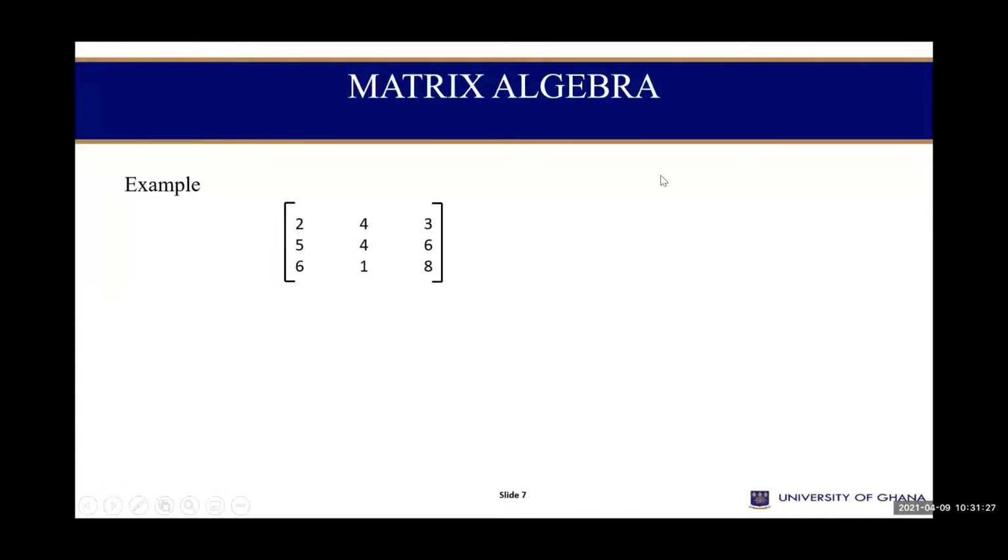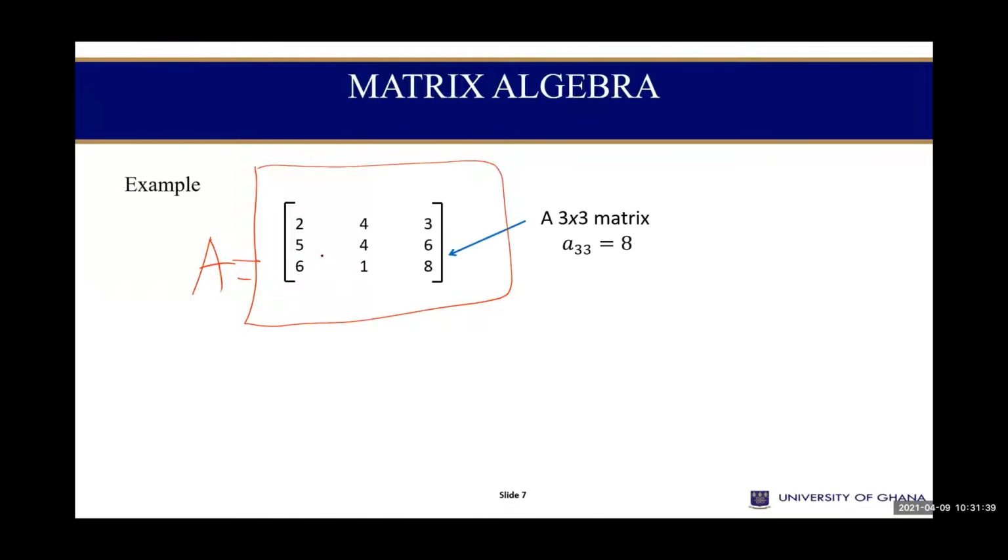So, for example, if I have this matrix, let's say it's matrix A, I should be able to tell the row and column for each of these elements. So if I say the number 8, it's found in row 3, column 3. So I say A33.